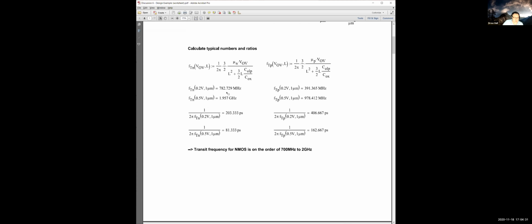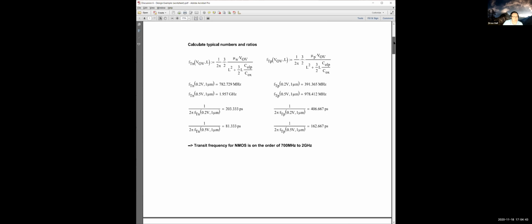So just to show you some numbers, again, this is a slightly different technology than the one that we are using in 164, because this is published and I can't publish exact numbers for this technology. What this says is that if I have 200 millivolts of overdrive and a 1 micron channel length, I should expect an FT of about 780 megahertz.